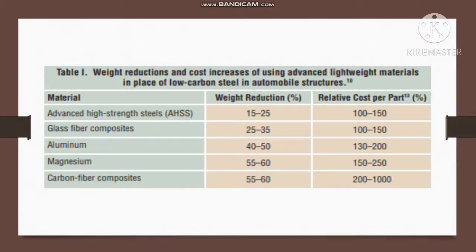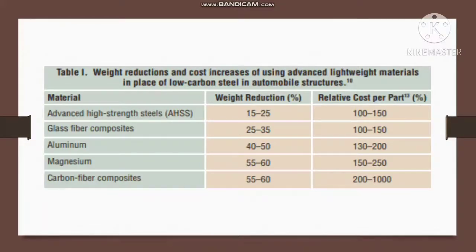Aluminium, the weight reduction is about 40% to 50%, and it's very expensive compared with AHSS and glass fiber, about 130 to 200%. Magnesium, the weight reduction is 55% to 60%, and cost per part is 150% to 250%.